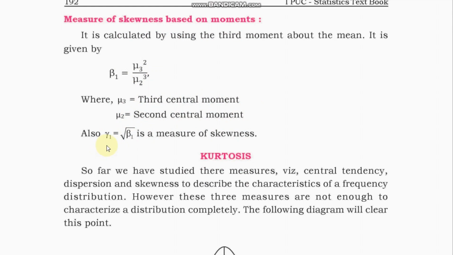Also, for this distribution, gamma is nothing but the root of beta 1. It is the measure of skewness. So these are the three methods of measuring skewness, the coefficients of skewness. Let us look at a few example problems based on the three formulae.